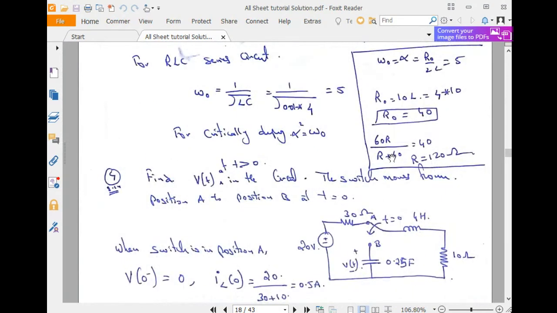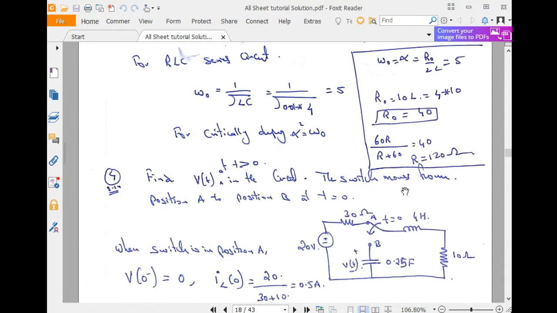Okay, up to this, we have finished in the last class. Now we are going to start question number 4. So this is the circuit given, which contains resistance R, inductance L, and capacitance C. The question asked is find V of t when t is greater than 0.